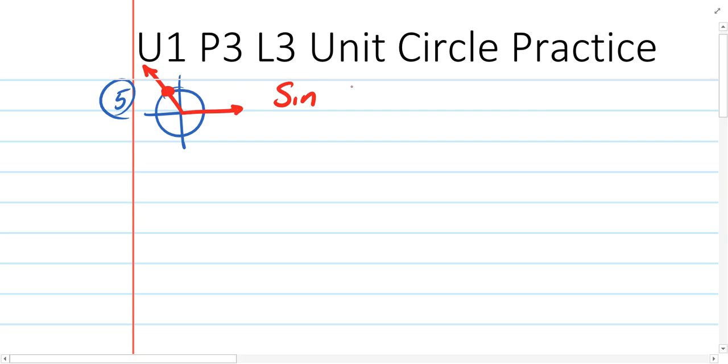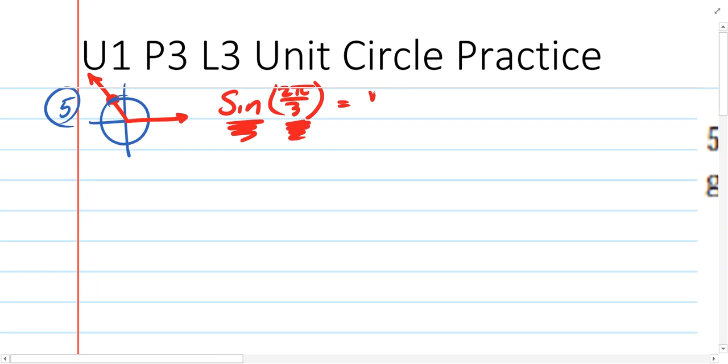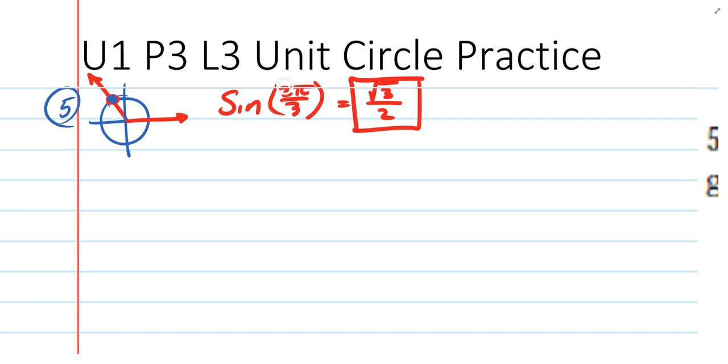I know that sine of 2 pi over 3 is the y coordinate. Sine is always associated with a y coordinate. Because I've memorized the unit circle, I know the y coordinate at this position is radical 3 over 2. So therefore sine of 2 pi over 3 is radical 3 over 2.